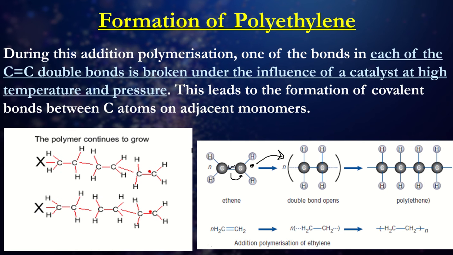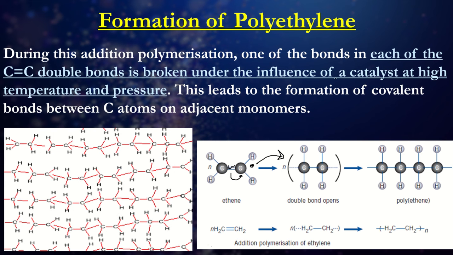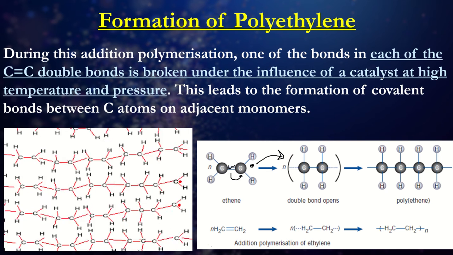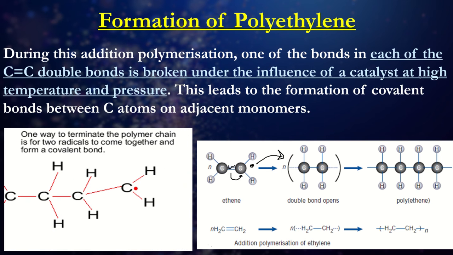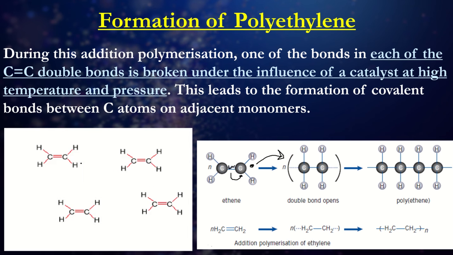Now, one of the things we need to explain is how does addition polymerization actually work. It requires a couple of conditions. You might want to use a catalyst, or just having really high pressure and high temperature conditions. This is a little animation that kind of shows the procedure.